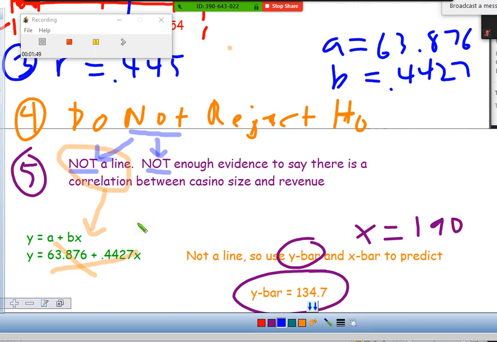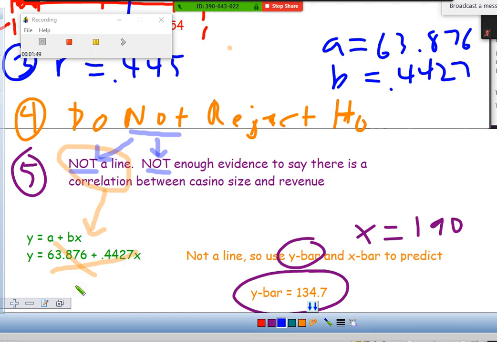And then your A was 63.876, and your B was 0.4427. So my Y is equal to 63.876 plus 0.4427x. But since it's not a line, I can't use this to predict.